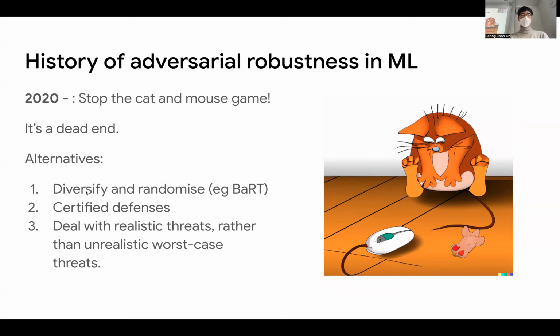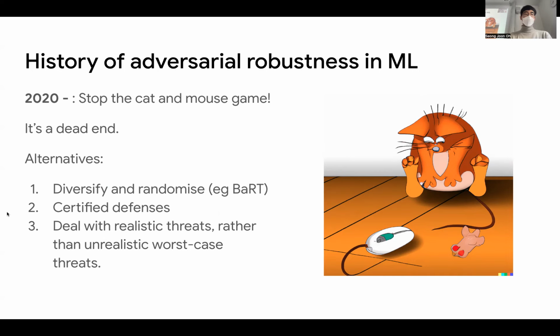One is, as I said, a strategy to diversify your possibilities and randomize your choice among them. BART is a good case of that. But this brings us to the question of whether the attacker or the defender has more capacity to generate attacks or defenses against the other side. And I think this is not very interesting for me.